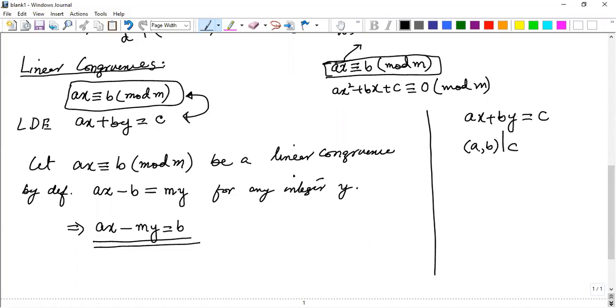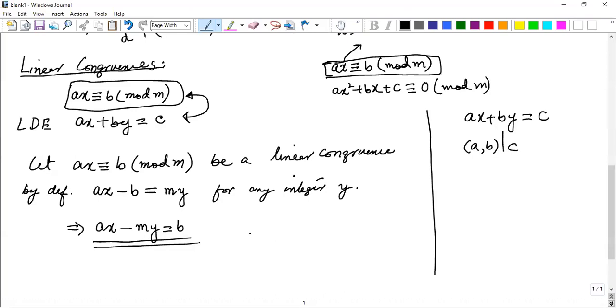So it means we know that every linear congruence can be converted into a linear Diophantine equation, and not every linear Diophantine equation is solvable.